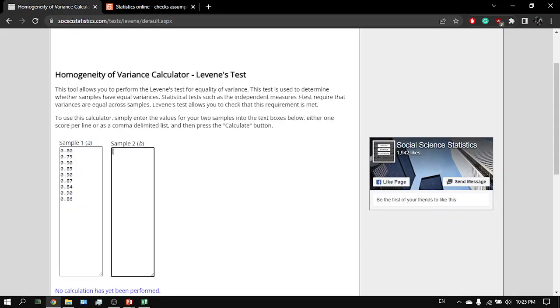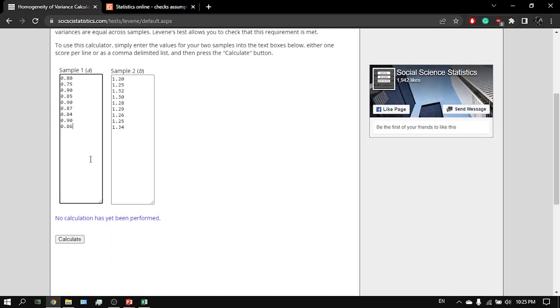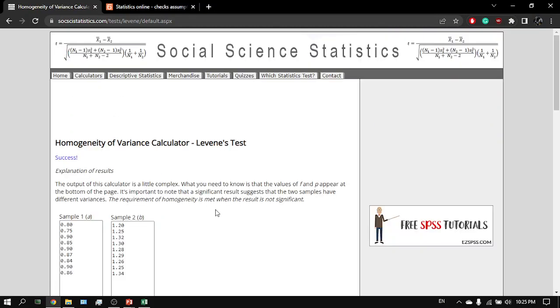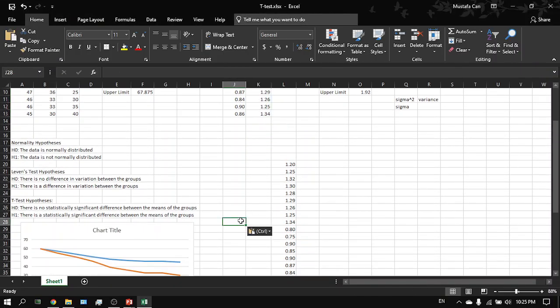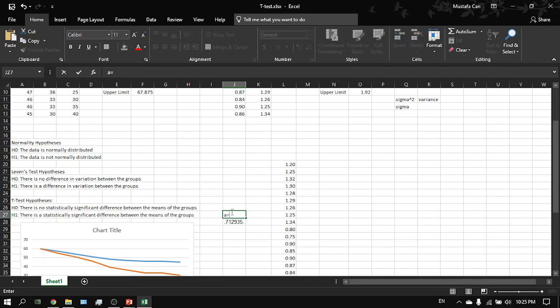Bam. Place it here. I calculate it. The p-value is here. I take it. I know my alpha is 0.05. That's not the point.